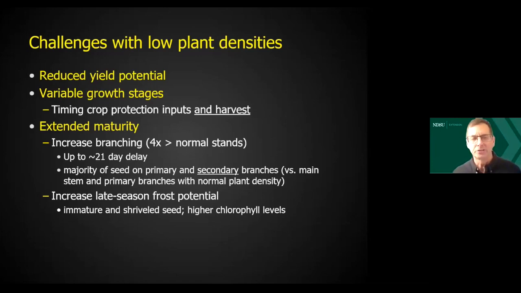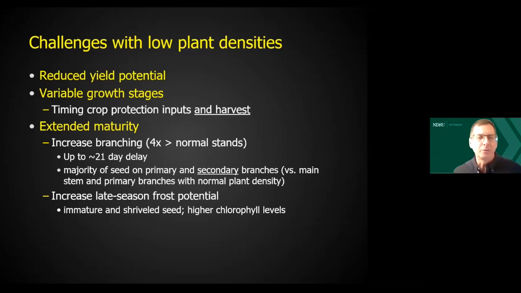We also expect extended maturity due primarily to extensive branching as plant density goes down. Brian showed some of this in his presentation. So our concern is that instead of having the main stems and primary branches containing the bulk of the seed, it's moving to secondary branches. And so it just extends the period of seed development and provides those associated challenges.